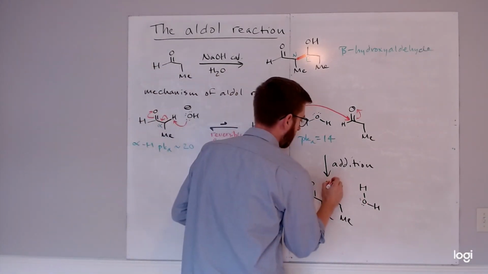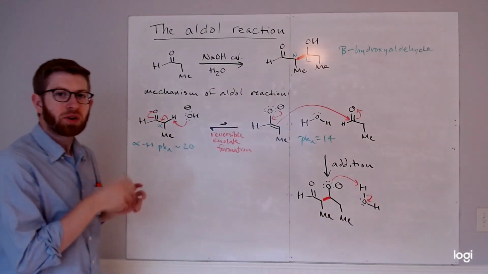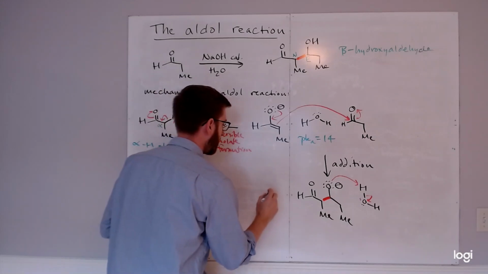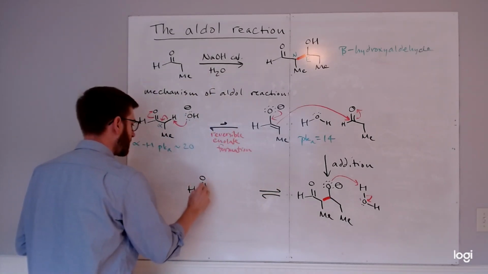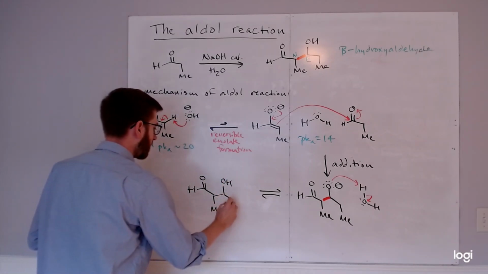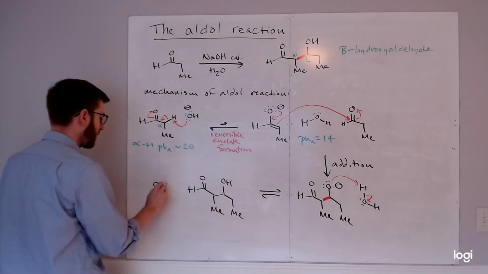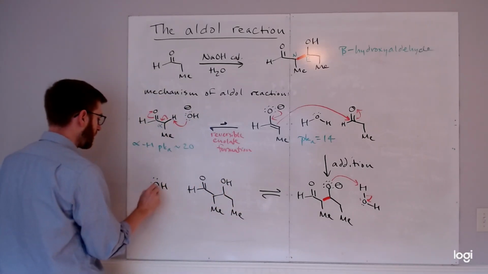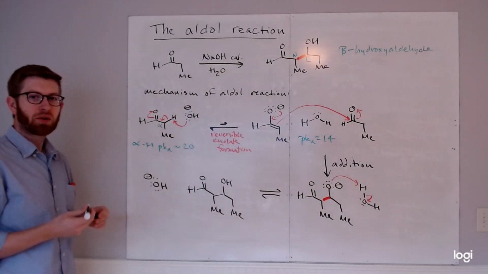Okay, so we've got a protonation of our product, and that gives us our final beta hydroxy group. Okay. The other thing that we generate is hydroxide from deprotonating the water. So we actually regenerate our catalyst. That's good.